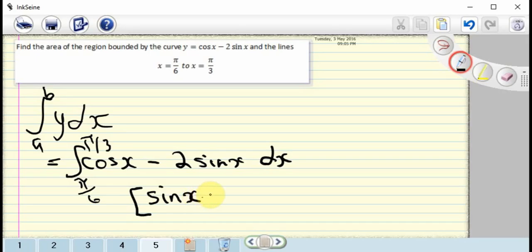Plus 2, because when you integrate sine, you get negative cos, so the negative cos becomes plus. So that's 2 cos x, evaluated from pi by 6 to pi by 3.